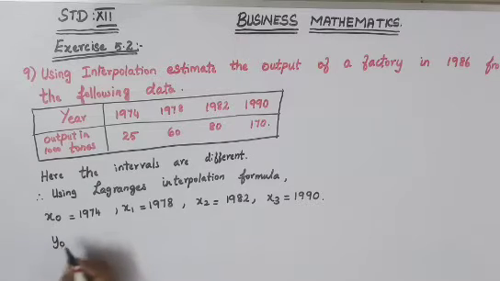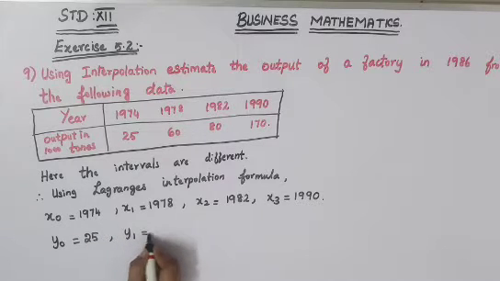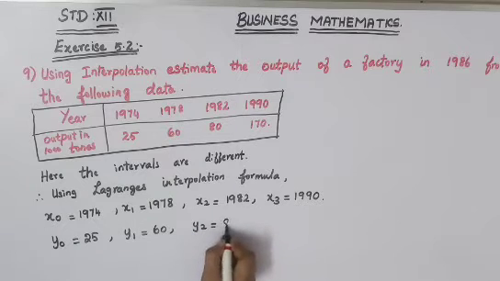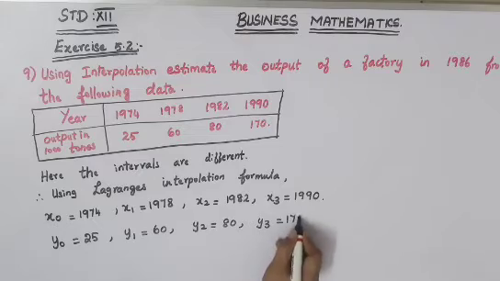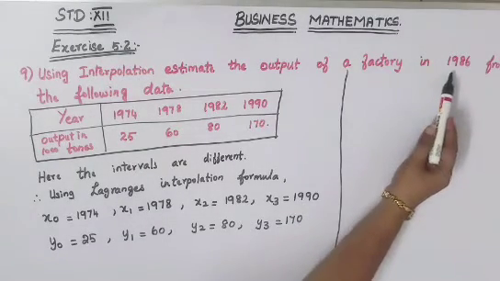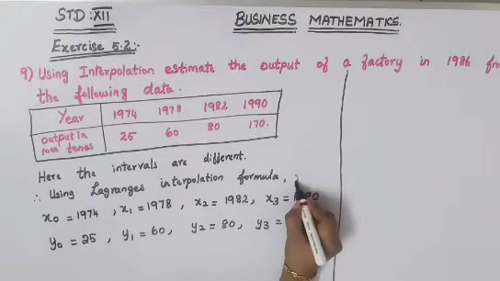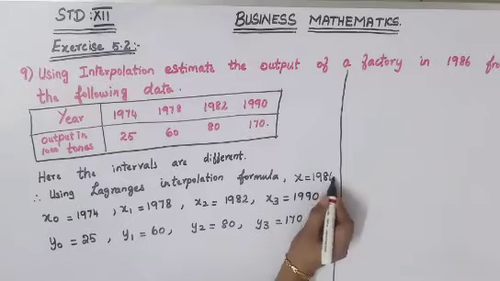So y naught is all the values from here. So that is equal to 25. Then y1 is 60, y2 is 80, y3 is 170. This value they have asked you the output, that is 1986, that we will have to take it as x. Okay, so x is equal to 1986.